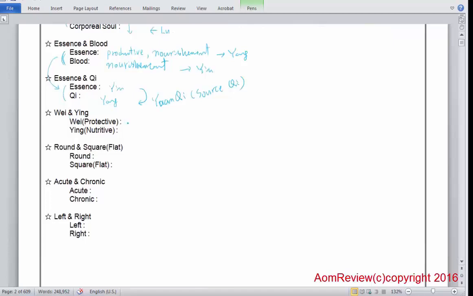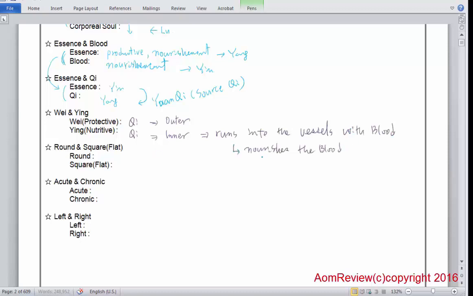Wei is wei qi, and ying is nutritive qi. You can understand it this way: wei qi is more outer, and the nutritive qi is more inner. The nutritive qi usually runs inside the vessel with the blood, and it also has the action of nourishment, nourishing the blood and producing the blood too.